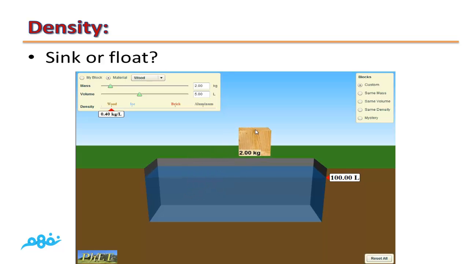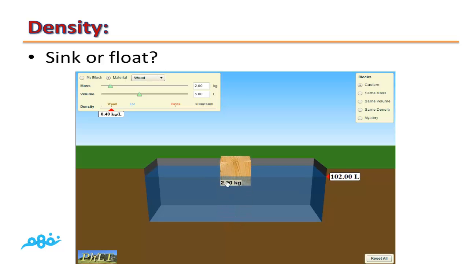Before putting it in this container, the volume of this liquid is 100 liters. After adding it, the volume increased to 102, but the piece of food must be totally immersed under water to find its volume. As you can see, the final volume is 105. This means that the volume of this piece of food is 5 liters.